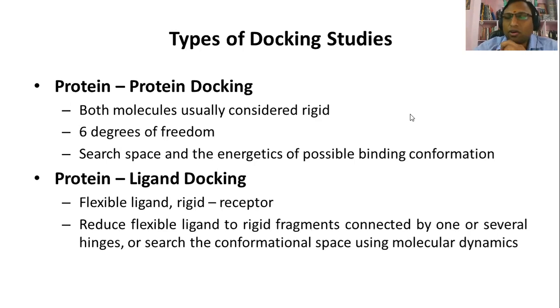Protein-ligand docking, if you see, involves a flexible ligand and a rigid receptor. They reduce the flexible ligand to rigid fragments connected by one or several hinges, or search the conformational space using molecular dynamics.